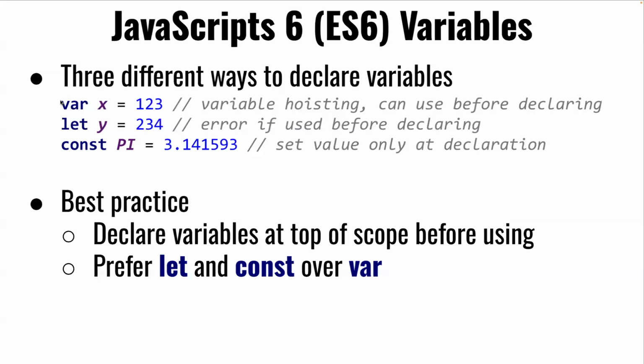And var has typically, historically, been the way to declare variables. But in the latest revision in 2015, there were several new types of variables, right? That are much better than the legacy var, right?